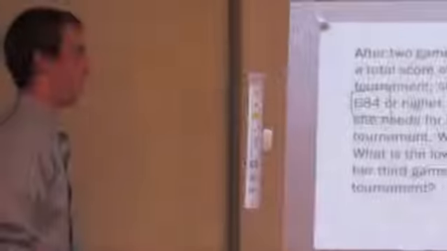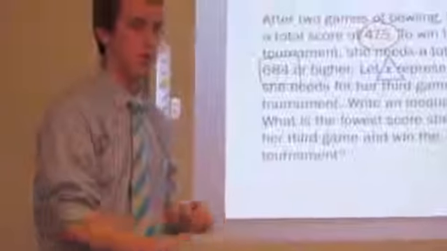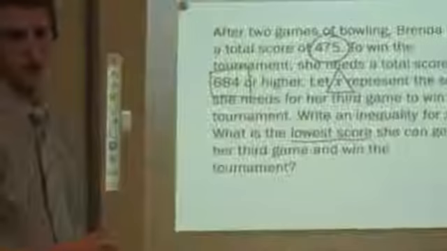So if we're trying to find the lowest score, I gave you a hint earlier saying that if she got a 685, she still wins. So if we want to get our lowest score, we'll underline that. If we're looking for a lowest score, that means we want it greater than or equal to, because if she gets greater, that's fine, and then she still wins.